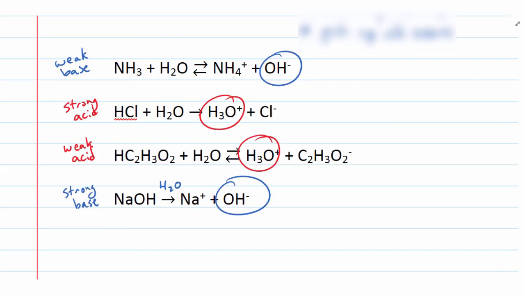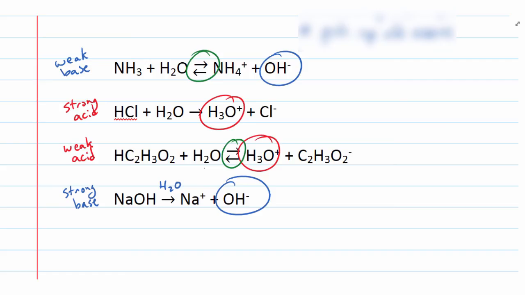What does the double arrow stand for in these cases? They're reversible. And specifically, what types of acids or bases do we use them for? Weak ones, right. We have the weak base here, the weak acid there.